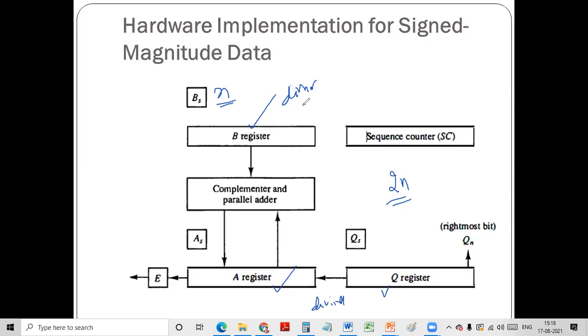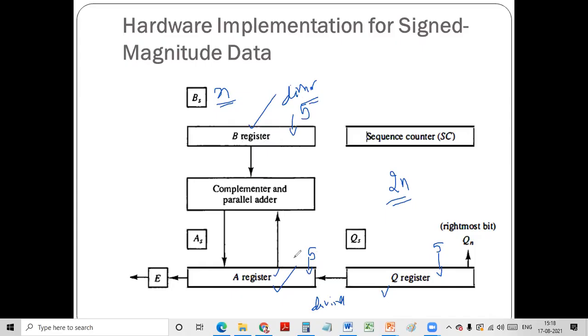If it is a 5-bit magnitude length, then A and Q are also 5-bit magnitude length. The most significant 5 bits of the dividend are copied in the A register, and the least significant 5 bits are copied in the Q register. So the totally 10-bit length AQ register forms the dividend and the divisor will be in the B register.